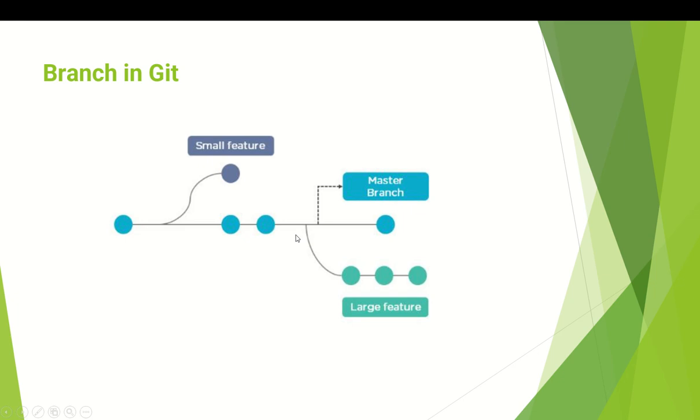Here we can see there is a master branch and 2 separate branches called small feature and large feature. Once you are finished working with the 2 separate branches, you can merge them into the master branch. I'm just sharing this to make it easier to understand.